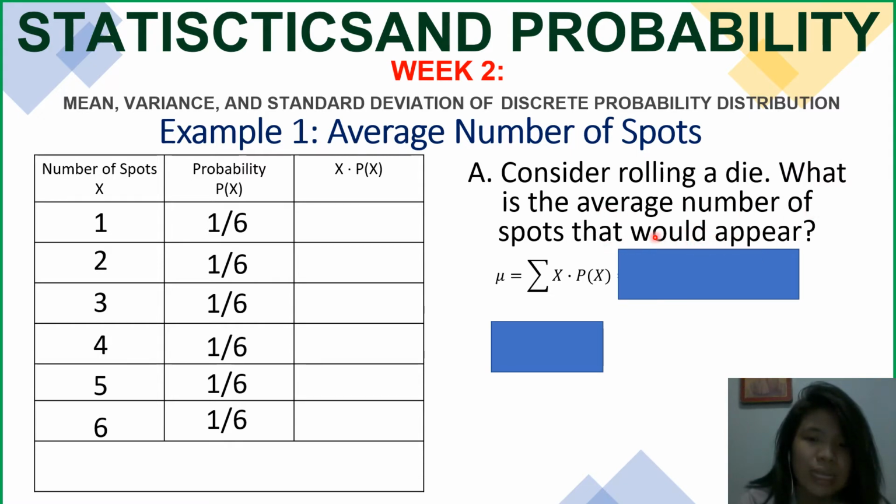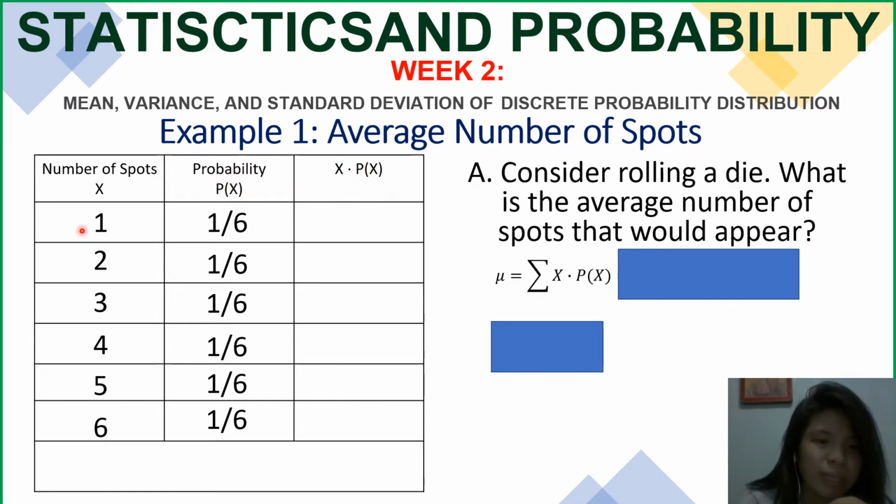So, technically, if we're looking for the average number, we are looking for the mean. So, before proceeding to the mean, or the formula for mean and solving for the mean, we first find the product of x and p of x, where x is the number of spots and p of x is its probability.